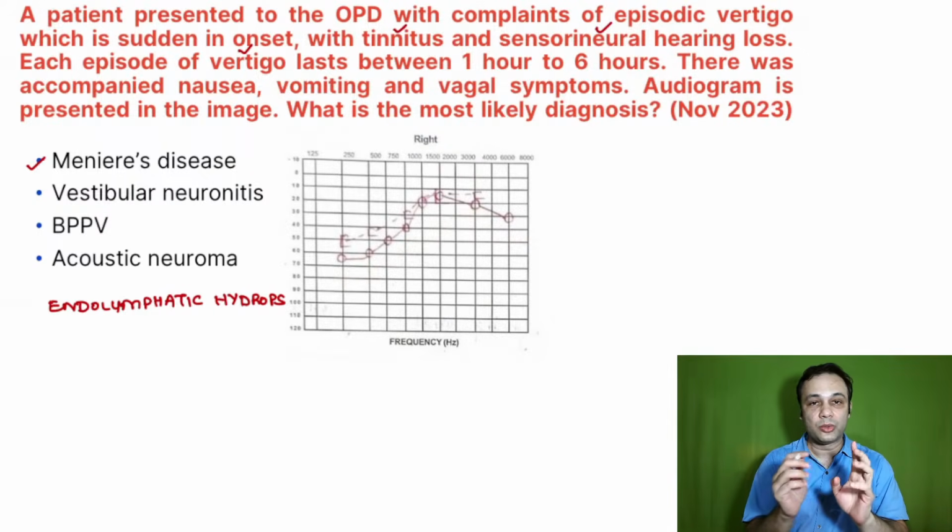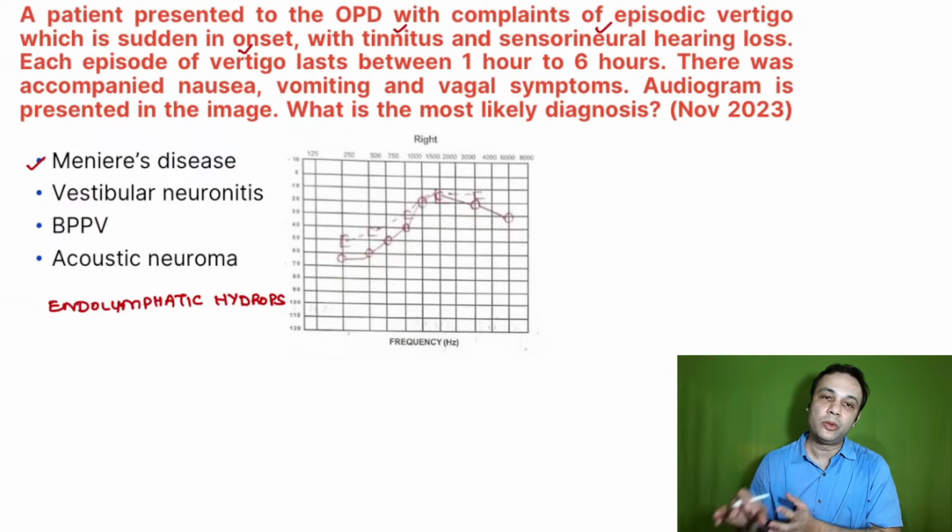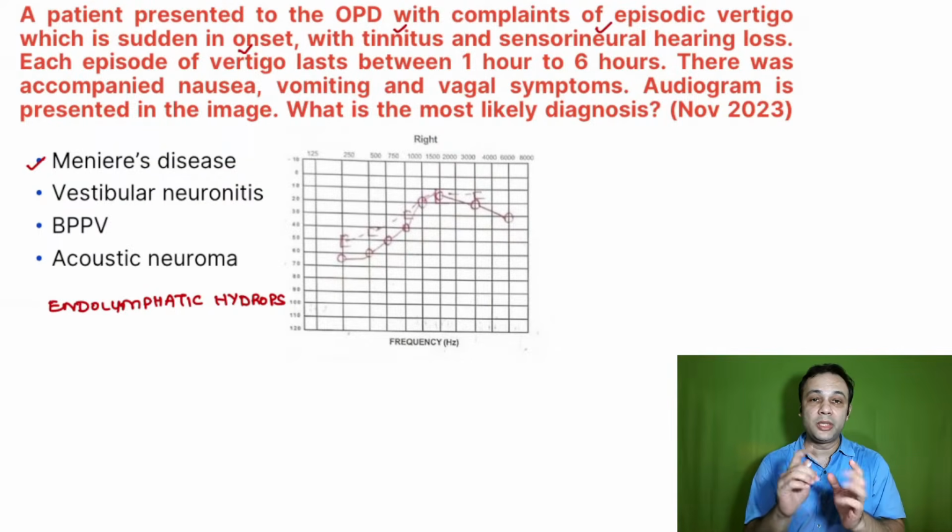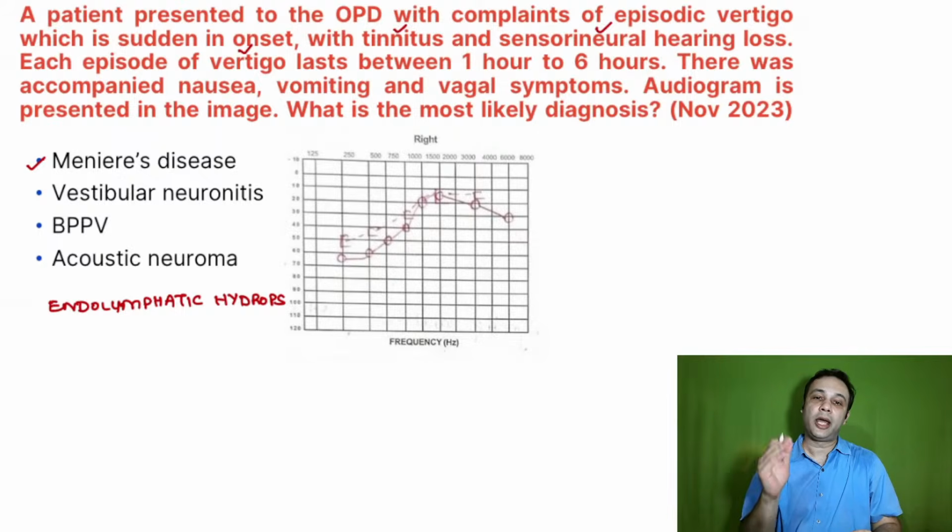So what happens over a period of time? The Reissner's membrane heals by fibrosis, and this leads to improvement in hearing, or the vertigo itself goes down. So remember, these attacks happen every now and then. When these attacks happen, the sensorineural hearing loss aggravates.